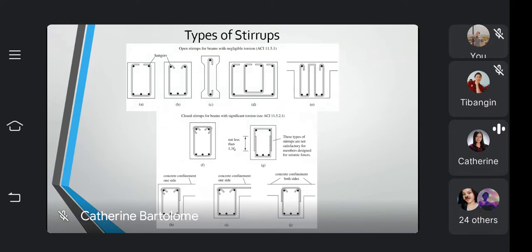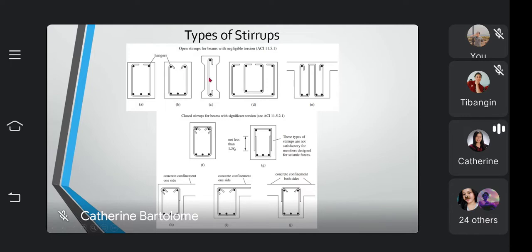So if you're analyzing a beam with negligible torsion, you can design your stirrups in this manner, from figure A to figure C. This is mostly what we draw for stirrups, open stirrups. Take note that these are just for beams with negligible torsion. It can be at 90 degrees or it can bend.